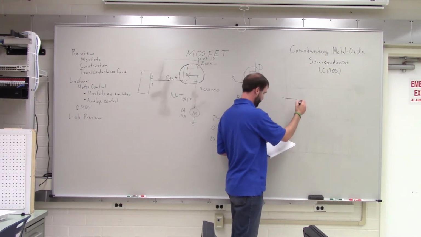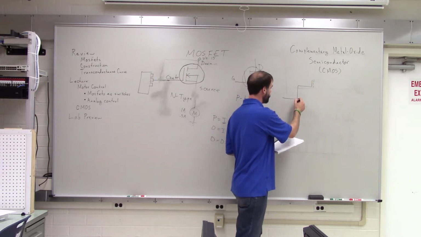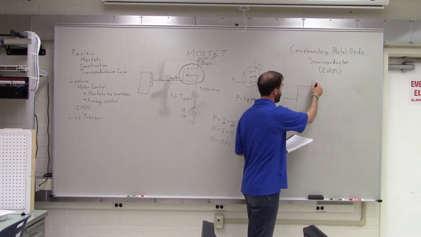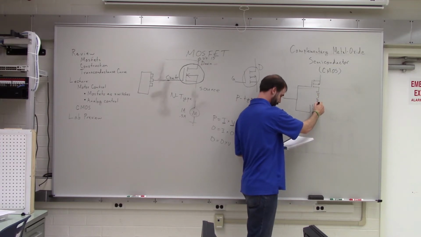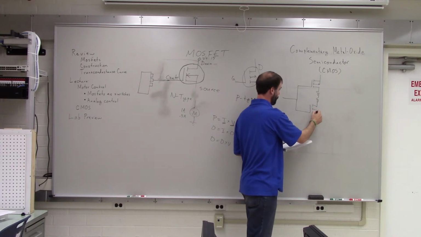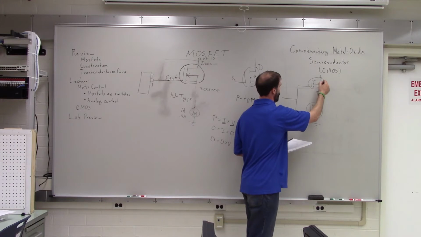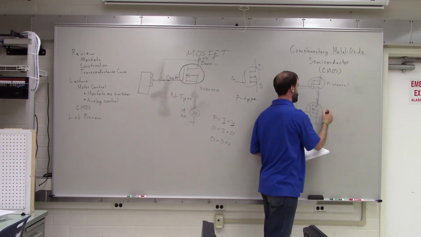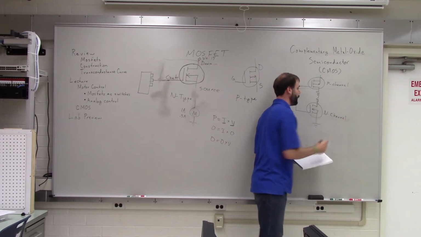So it would be something like this. This is a P channel, and this is an N channel MOSFET.